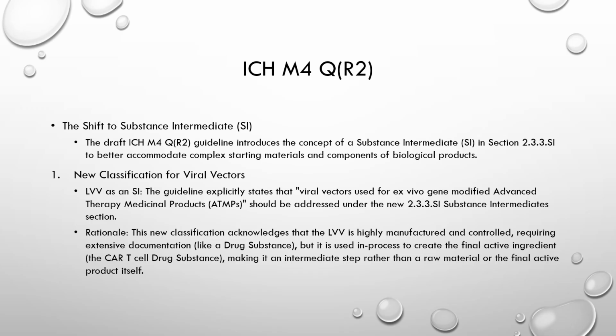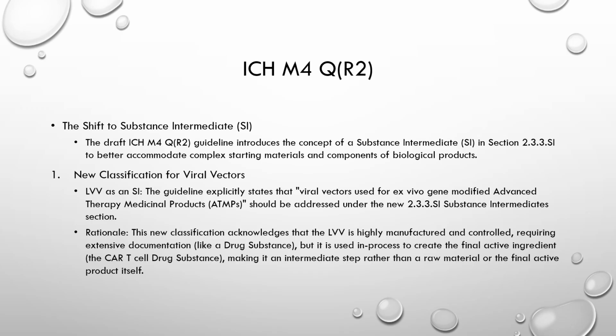So 2.3.3 SI is the place where you will have the substance intermediate to better accommodate complex starting materials and complex components of biological products. In this section, it states that the viral vectors used for ex vivo gene modified advanced therapy products should be addressed under this new 2.3.3 SI substance intermediate section.